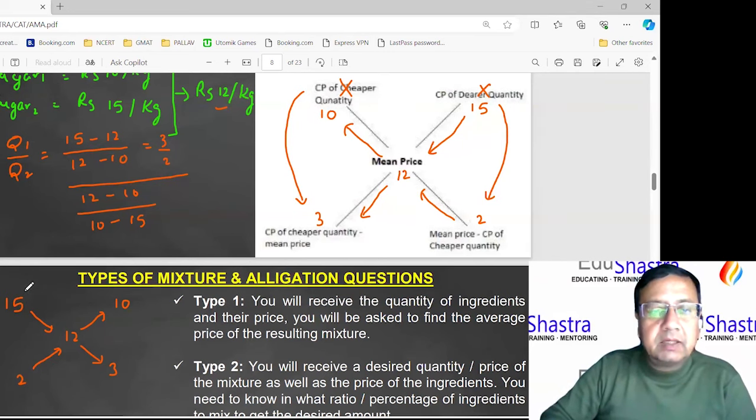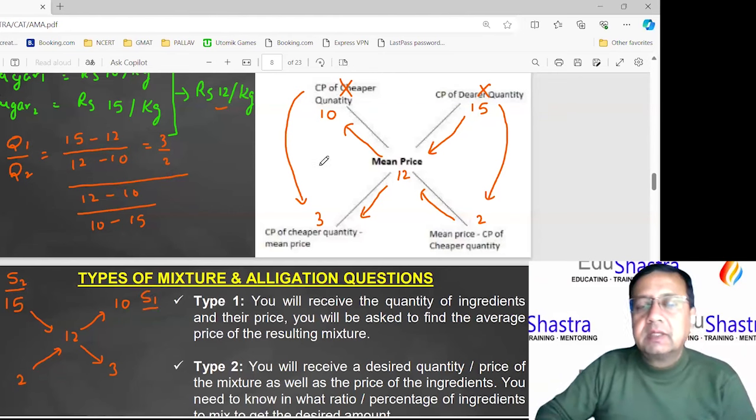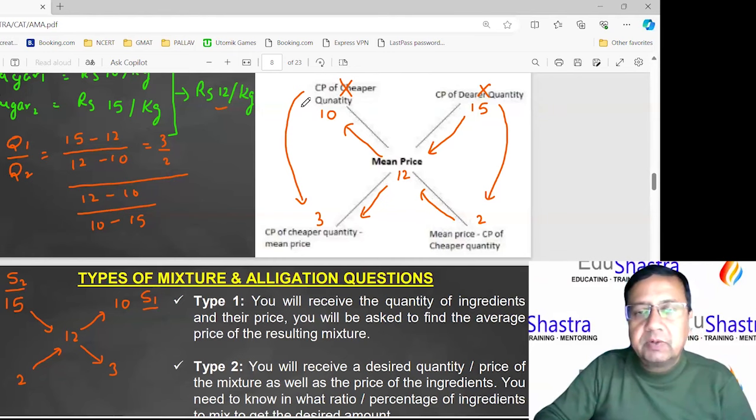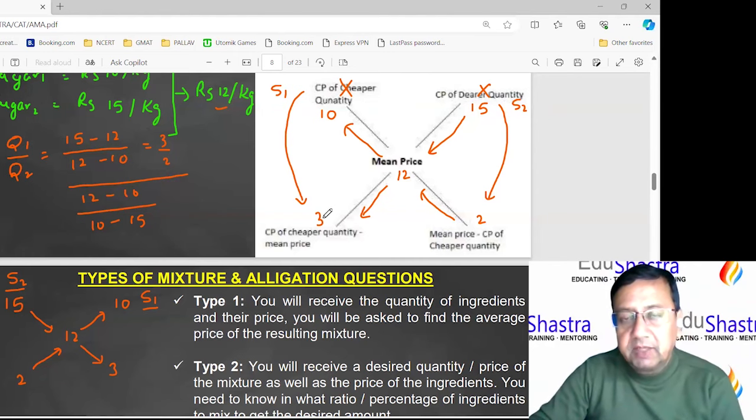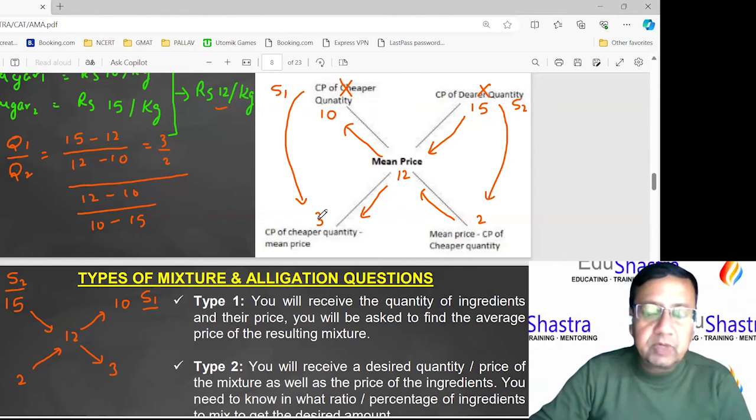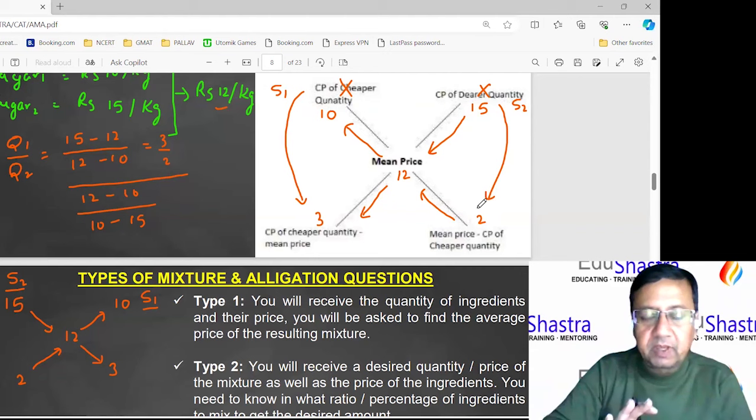This is sugar 2 and this is sugar 1. So Dhruv, these values in the diagram represent that sugar 1 should be 3 parts and sugar 2 should be 2 parts in the entire mixture.